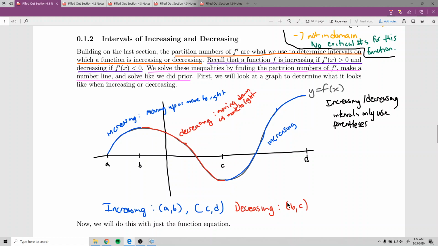If you ever use brackets on these, even if you just use one by mistake, it's wrong. You have to use parentheses. B and C are where we have a maximum and minimum of these graphs, and that's why it's not increasing or decreasing. And we just never include endpoints. So the graph here stopping at D, starting at A, we never include endpoints.